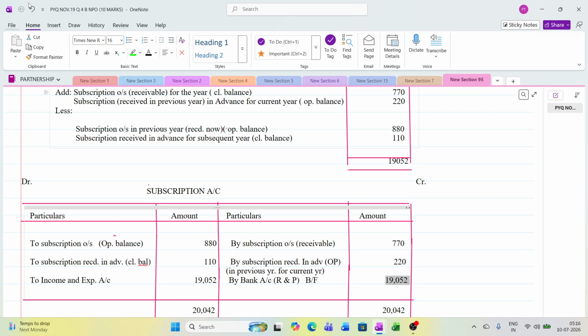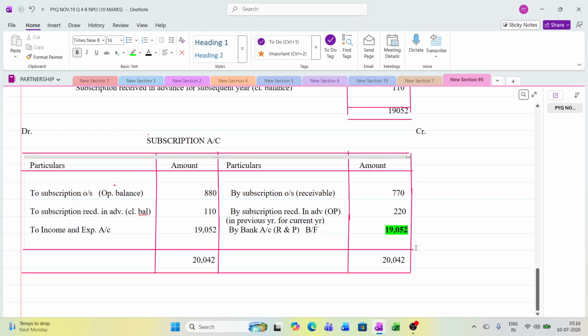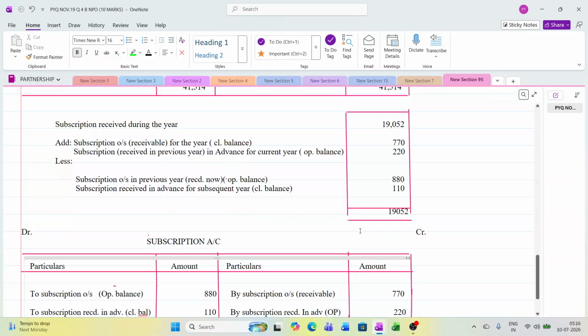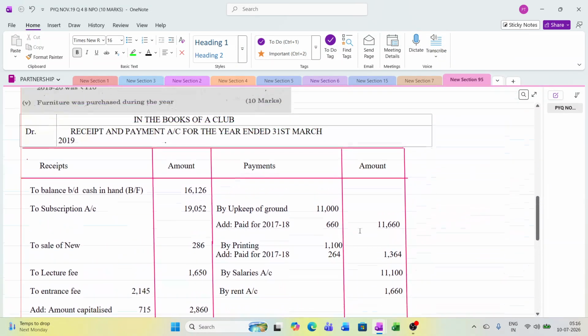Okay. It is a chance that you are getting both the amounts same here. Otherwise, it may not be same. But here you are getting the same amount. So now transfer this. I am dead sure that you would have understood very clearly. So transfer this amount to the receipt and payment account.